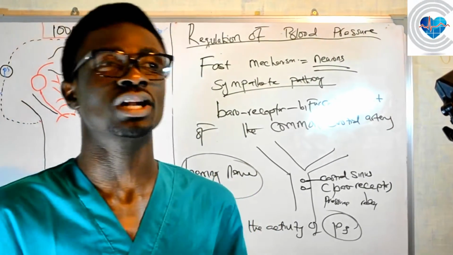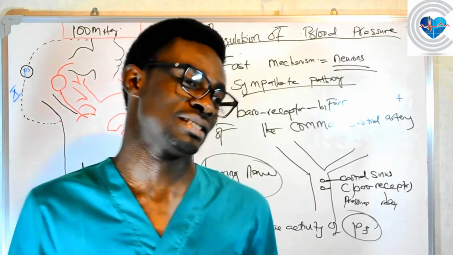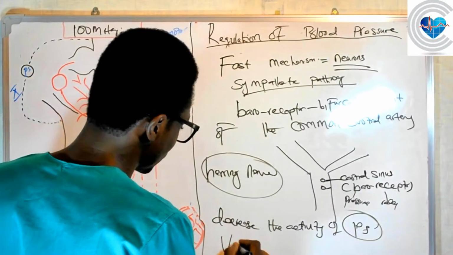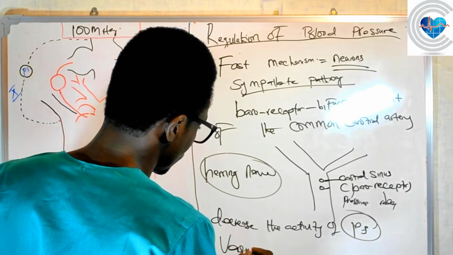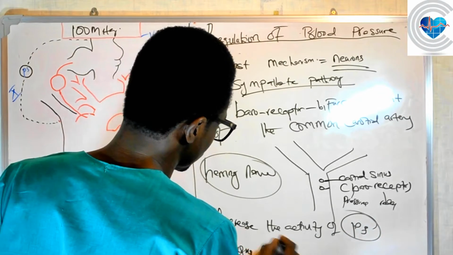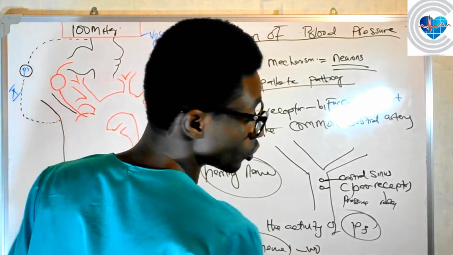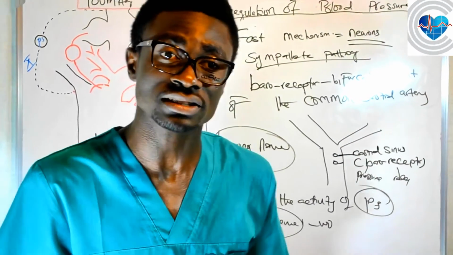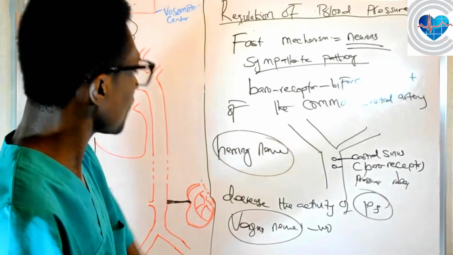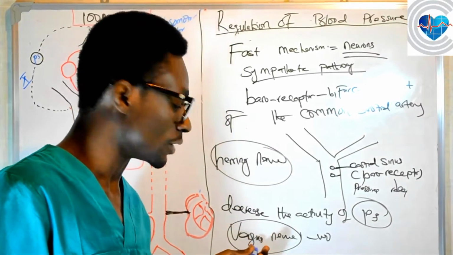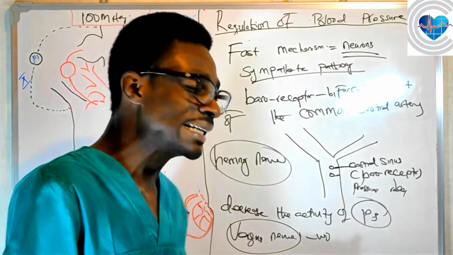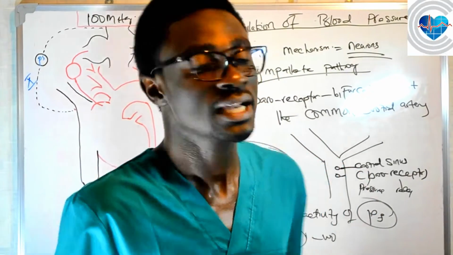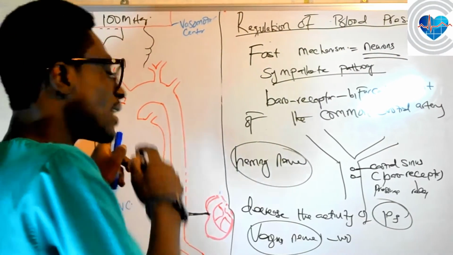If we're talking about the parasympathetic nervous system, guys, we're talking about the vagus nerve. The vagus nerve is also called the wandering nerve. It decreases the activities of the vagus nerve, and after that it increases the activity of the sympathetic fibers that innervate the right atrium.